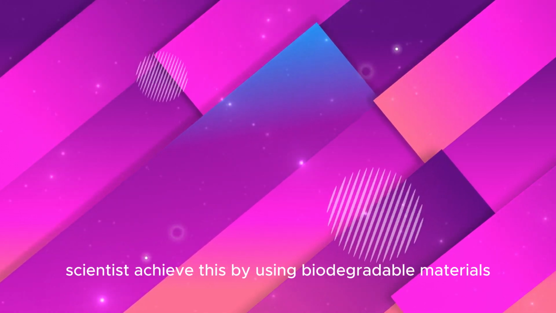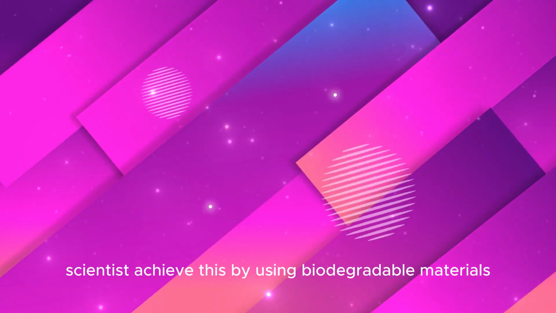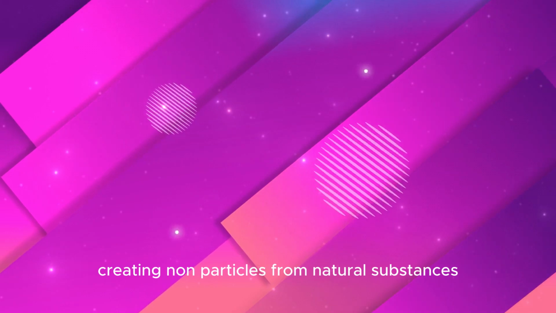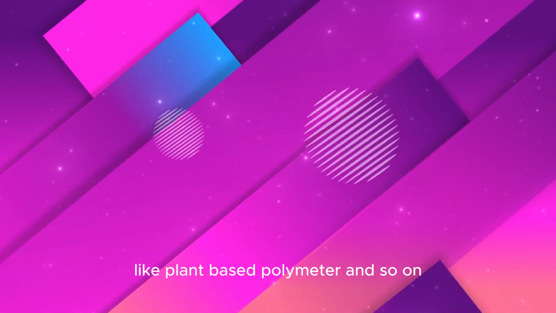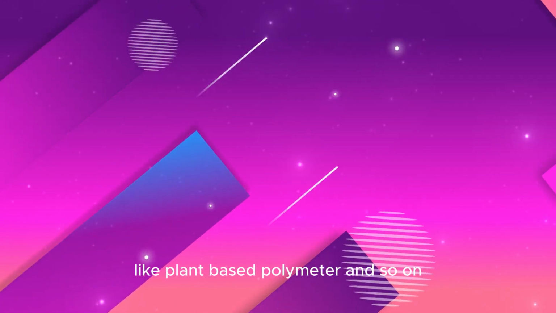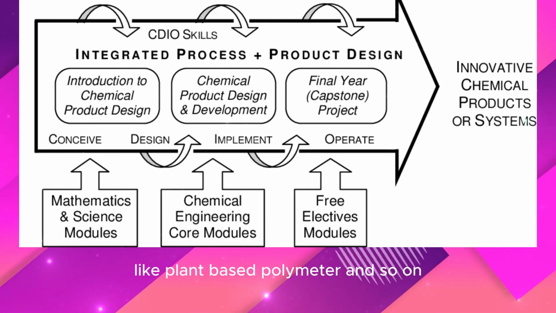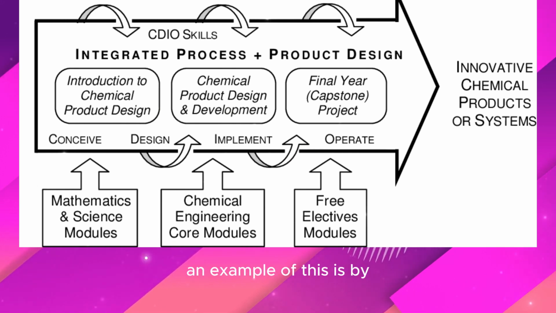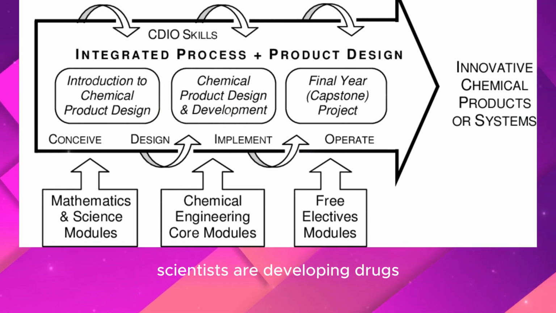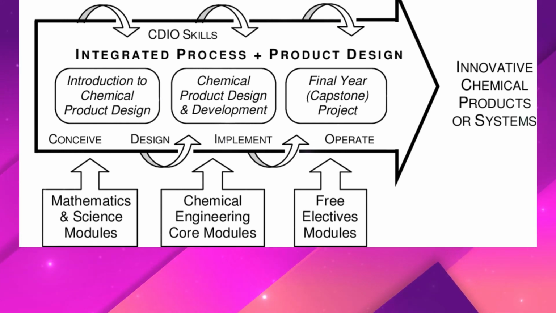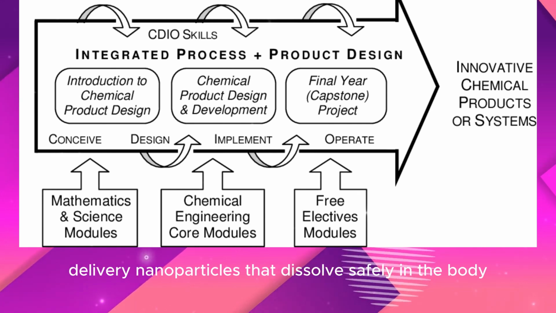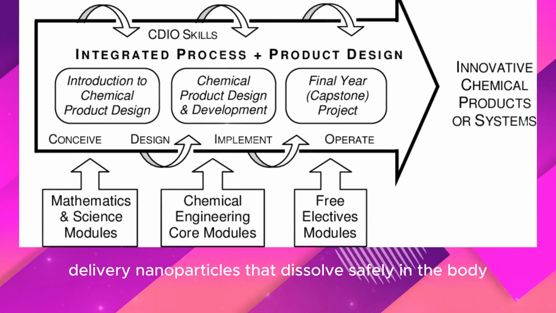Scientists achieve this by using biodegradable materials, creating nanoparticles from natural substances like plant-based polymers and so on. An example of this is scientists developing drug delivery nanoparticles that dissolve safely in the body.